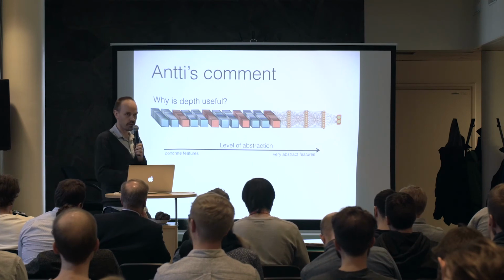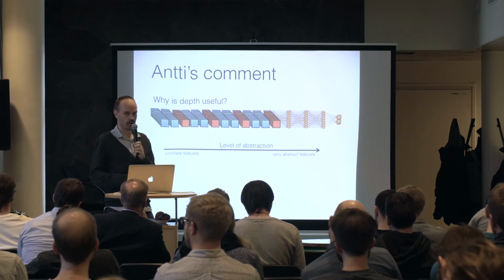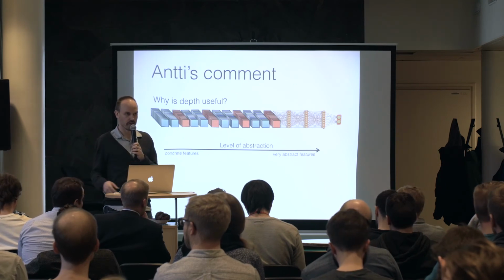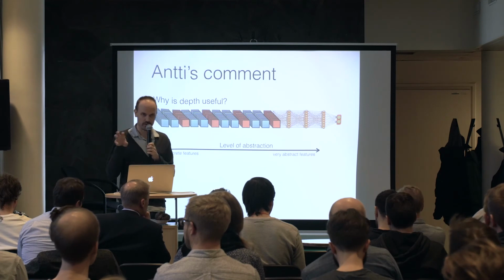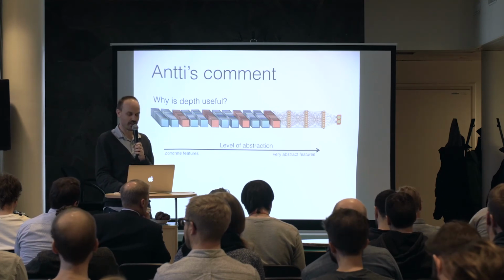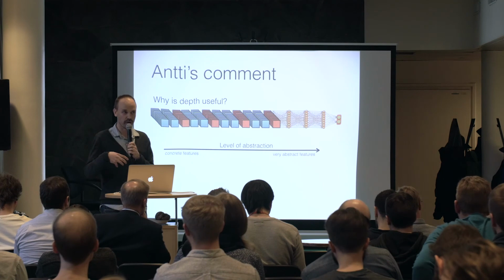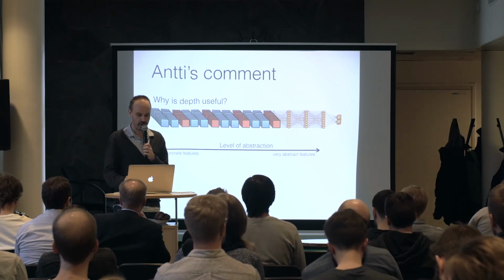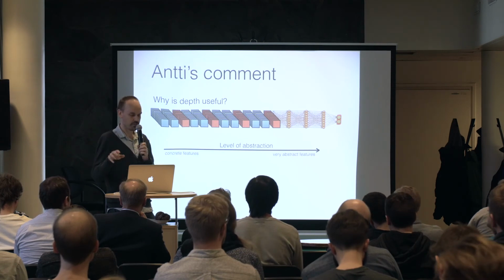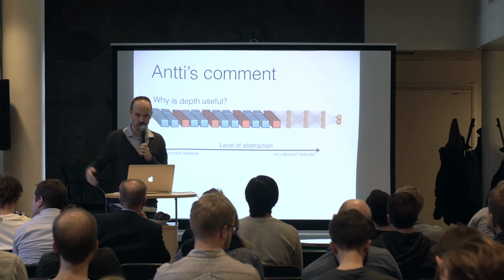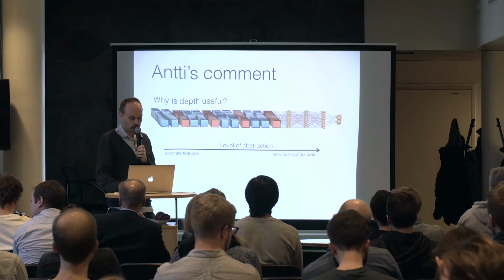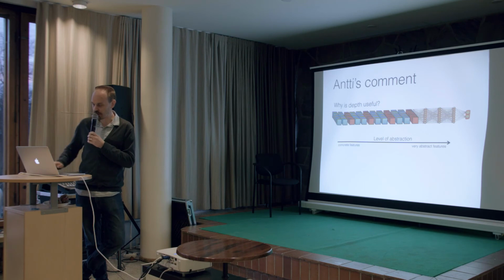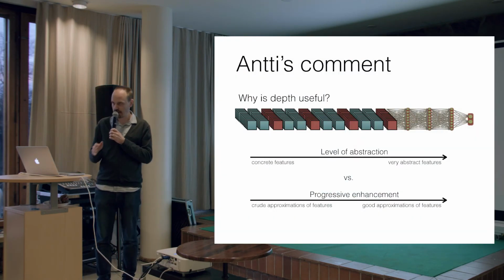So the very first layers are about recognizing lines or corners, and then later layers may be about recognizing eyes, and then the last layer is about recognizing whole people, entire classes of animals, or stuff that people do, or something like that. So when we go deeper, we get a higher level of abstraction.